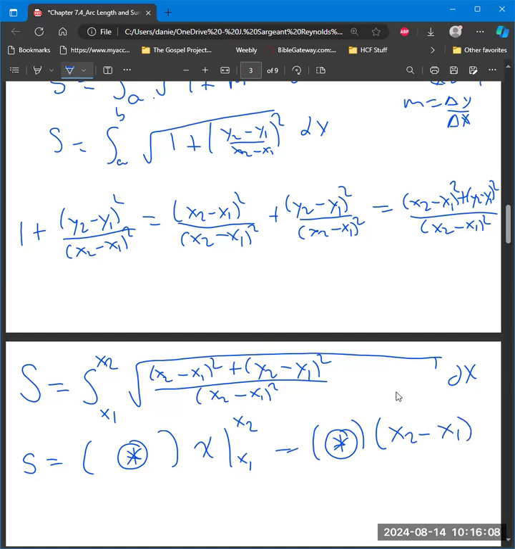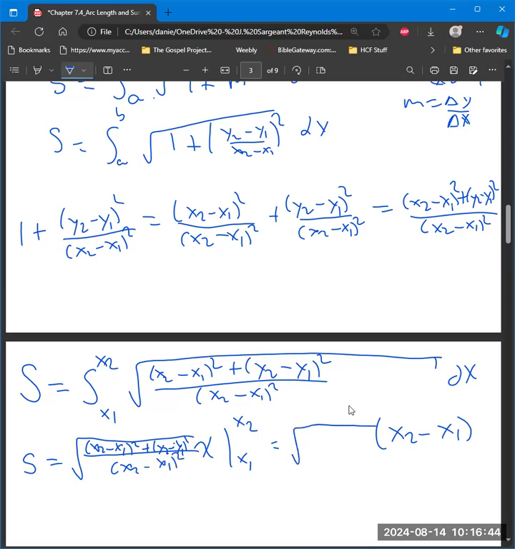I'll just tell you what this thing is. There's no reason to not say this. This is the square root of x2 minus x1 squared plus y2 minus y1 squared over, it's all this, right?